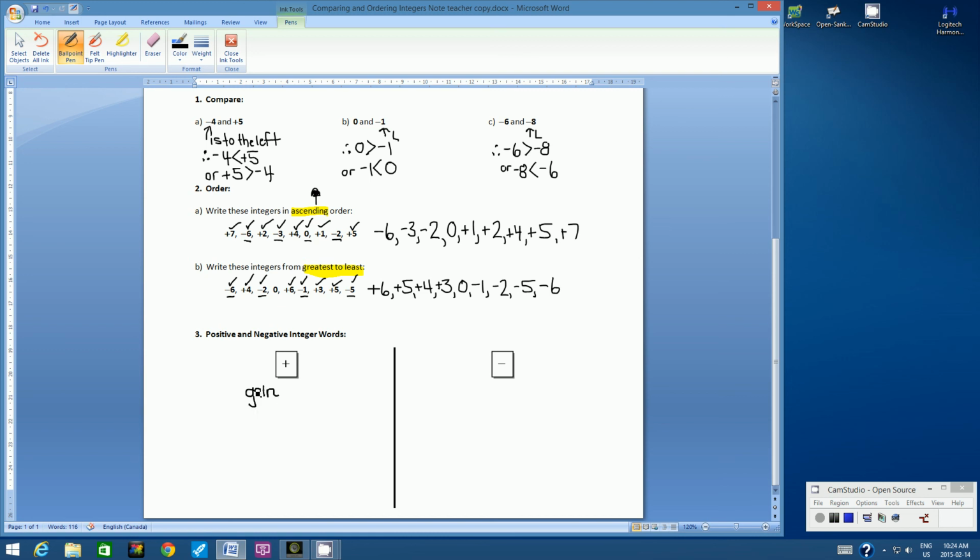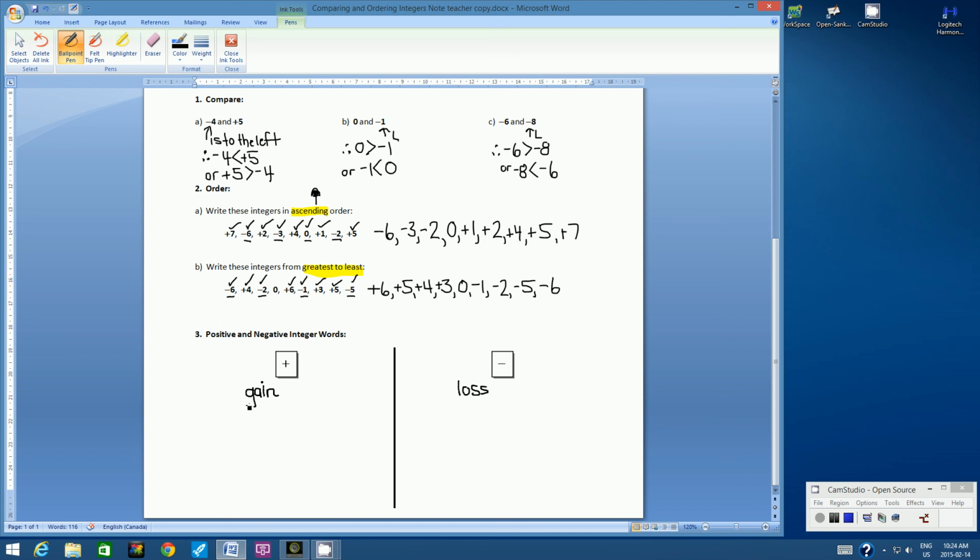So you can say something like, I gained 2 pounds in my weight, or I gained $5 after shoveling the snow. So then its opposite integer word would be something like loss. Okay? So I took a loss of $2 or something. Okay, so those are opposite integer words.